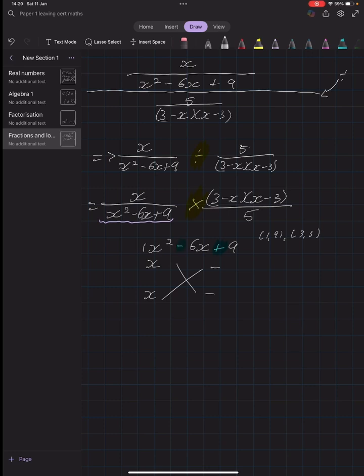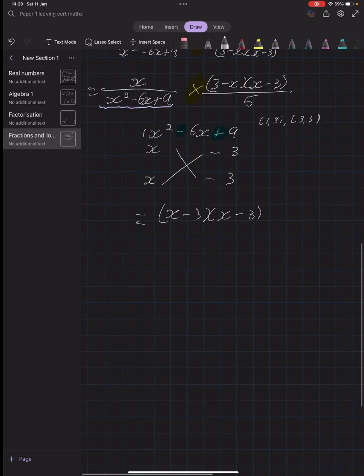So these are both minus. So what two numbers, when added together, give me 6? 3 and 3. So this is equal to x minus 3, x minus 3.